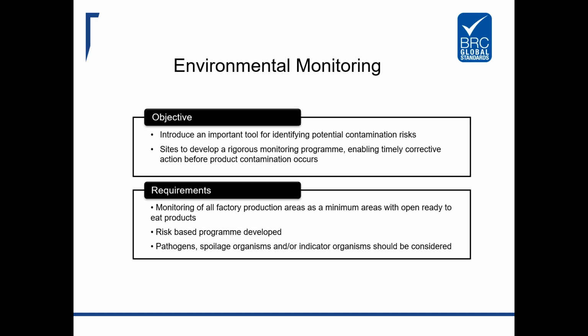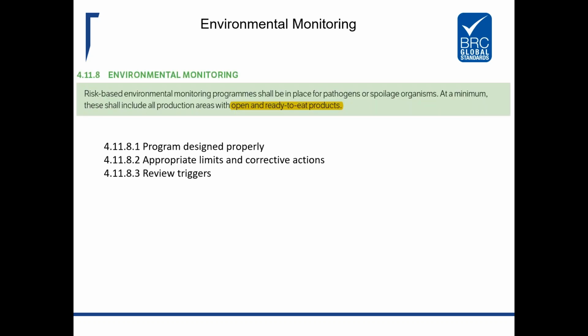So to go into details, the part in green is important to read and understand first. A risk-based environmental monitoring program will be in place for, and this is important, both pathogens and spoilage organisms. So when you're designing your program, you have to think not only environmental from pathogen control, but also spoilage organism control, whether or not that's relevant.